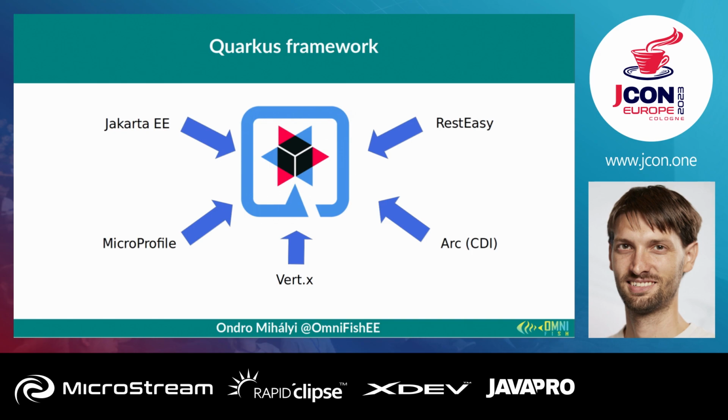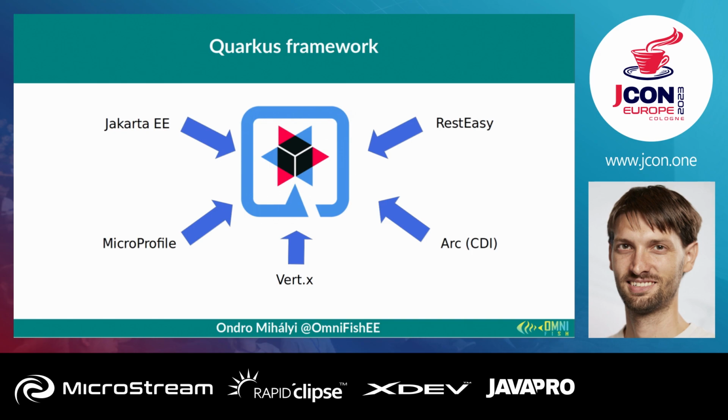So Quarkus framework is basically a component-based framework. It has different components or so-called plugins that you can assemble together. And there are a lot of plugins for Jakarta EE functionality, for MicroProfile APIs, then also for some reactive APIs using Vert.x. What is special about Quarkus?